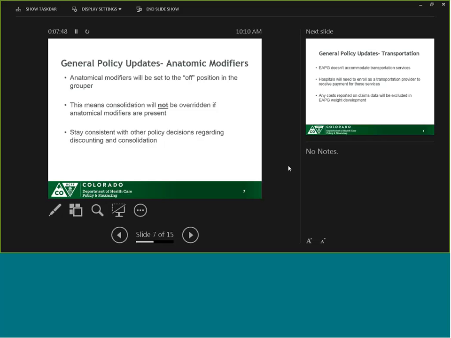Now, this sort of anatomical modifier would override that and pay 100% on both of them. And given the nature of what I was just discussing with surgeries, it doesn't quite make as much sense in this case to be overriding consolidation. That's more of a DME sort of thing.